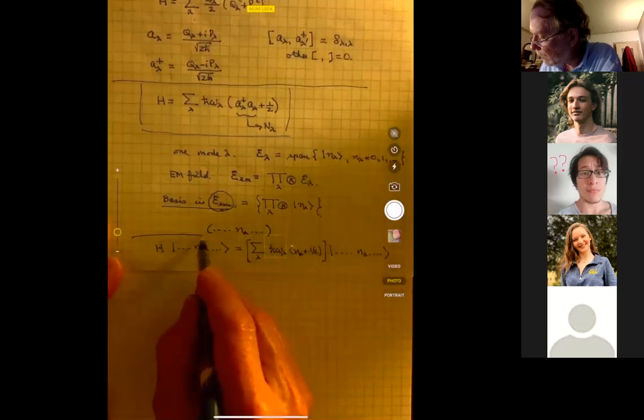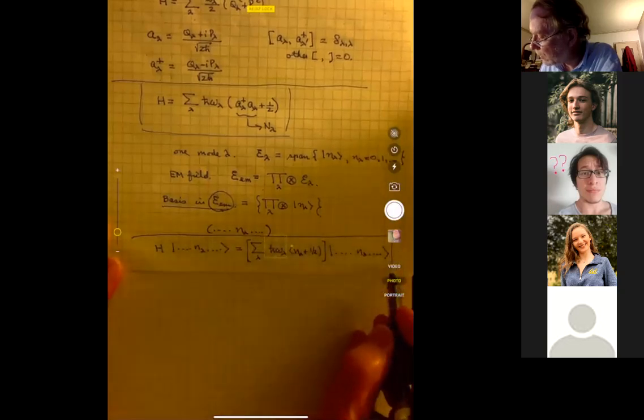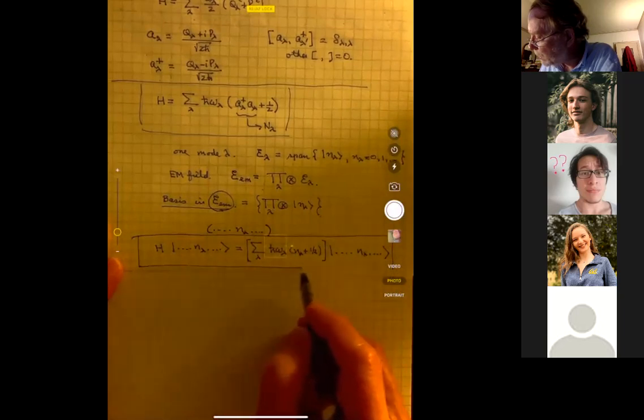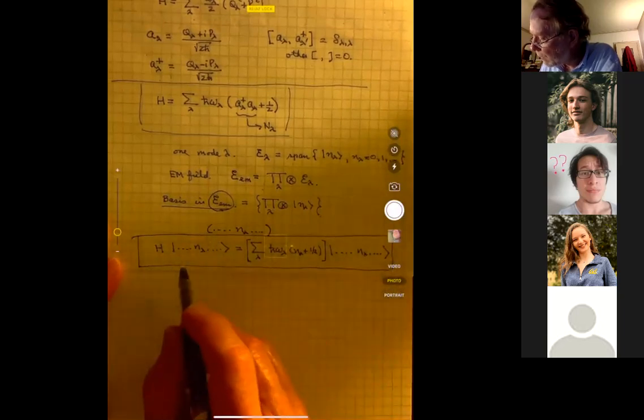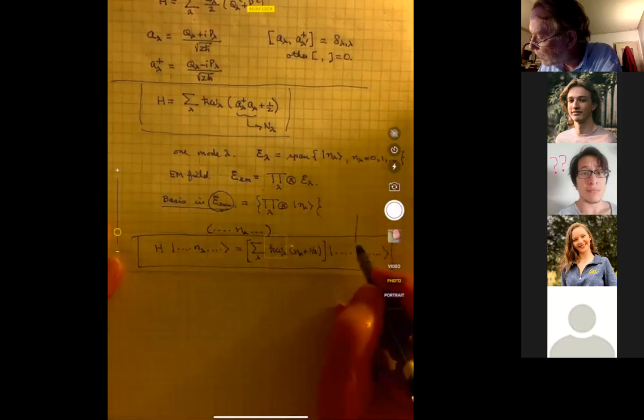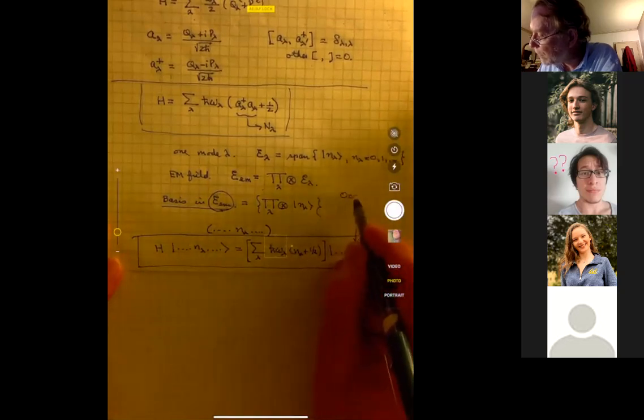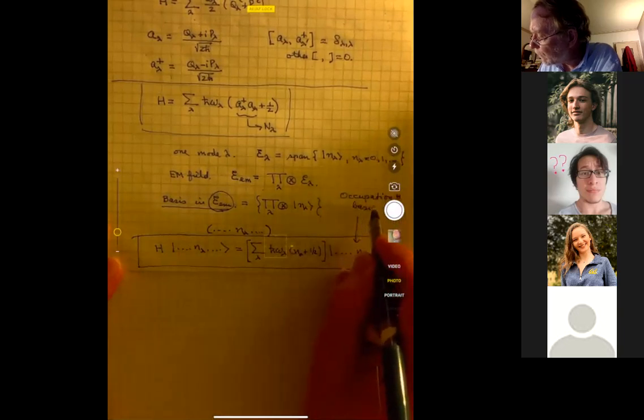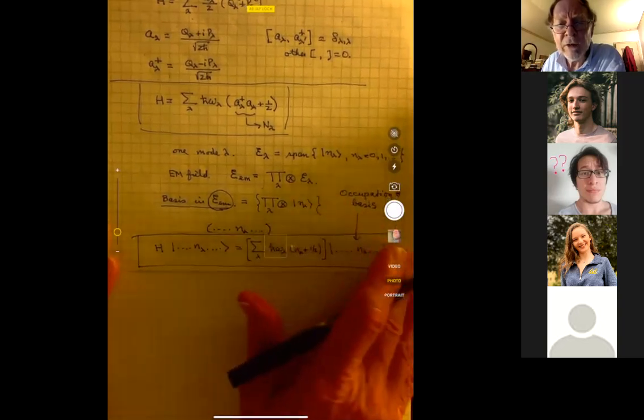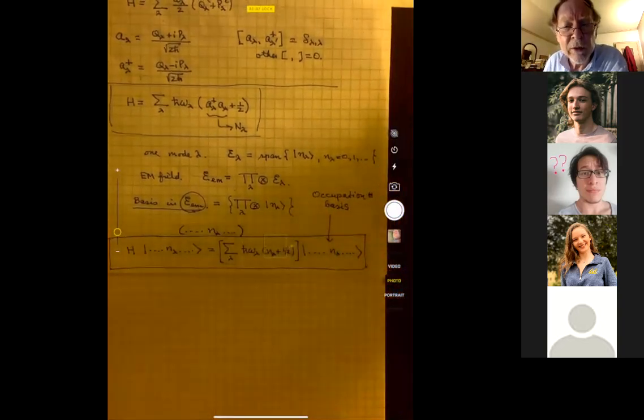That's just a way of saying these are energy eigenstates. These basis states, which I'm denoting here by these n's, are called the occupation number basis for the state space for the electromagnetic field. That's what these things are.